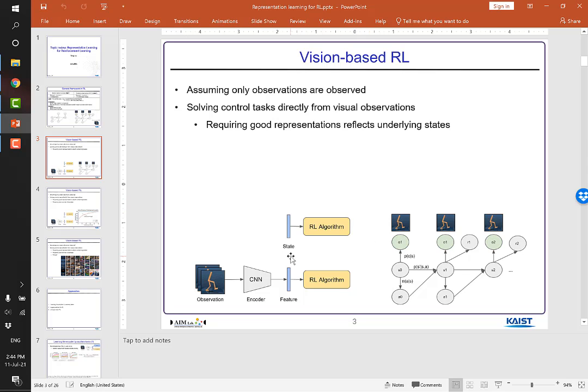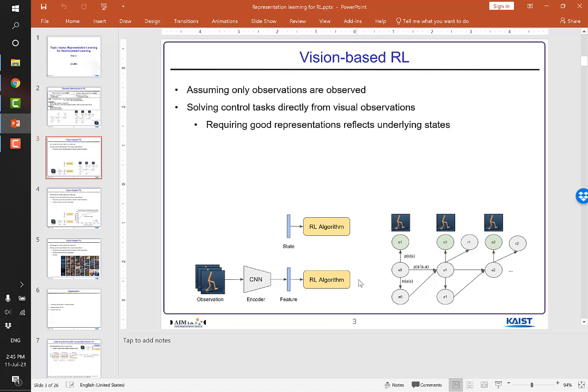The state here is some vector, and it goes to some reinforcement learning algorithm to find the optimal policy. But when you solve vision-based RL, we first put the observation into the encoder, and the encoder outputs some feature. That feature is then plugged into the reinforcement learning algorithm block.